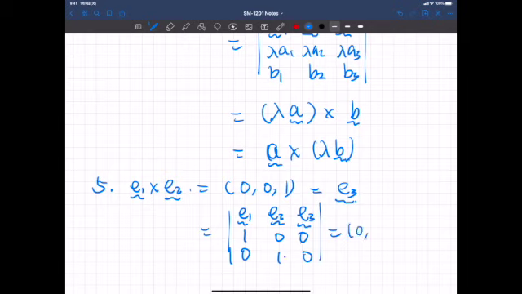And the second element, 1 times 0 minus 0 times 0, times everything multiplied by negative 1, which is 0. And the third element, 1 times 1 minus 0 minus 0, which is 1. Right? Done. And same for other combinations.